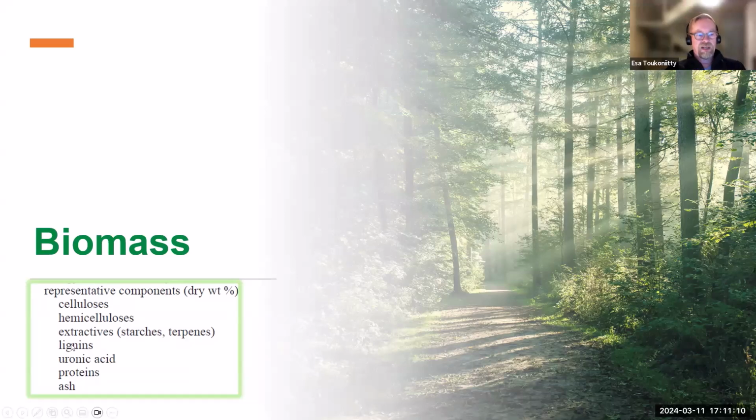And in addition to these typical main three components, in biomass you can have more or less proteins.